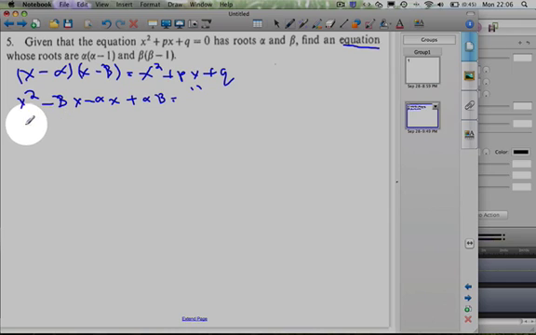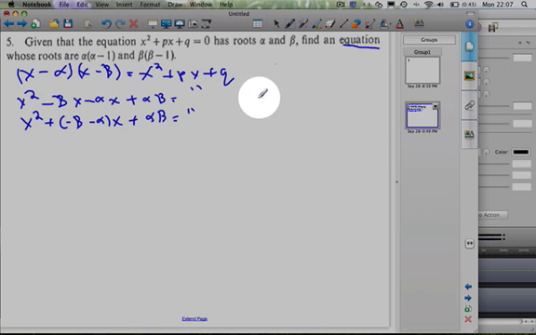And here we can collect our like terms on the left hand side, x squared plus, let's say, minus beta minus alpha x plus alpha beta equals the right hand side.